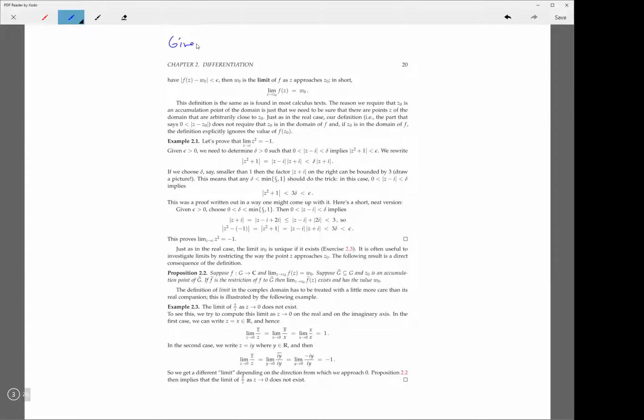Given epsilon a positive number, there exists a delta greater than 0 such that that implies this one. That's the definition right here.